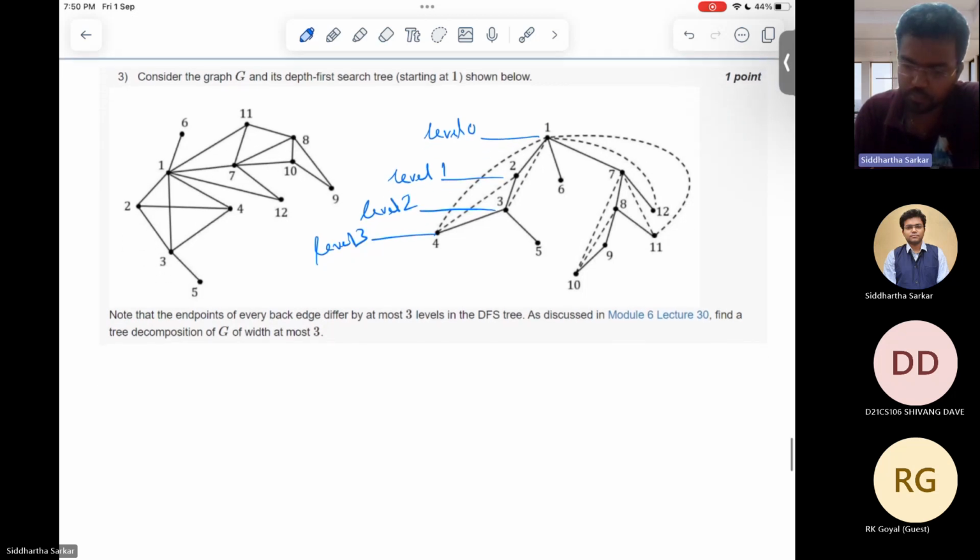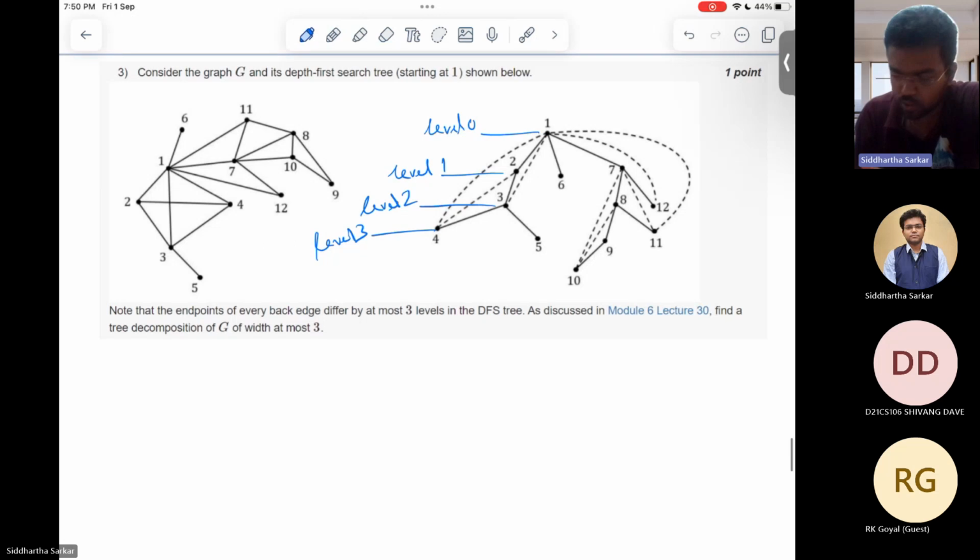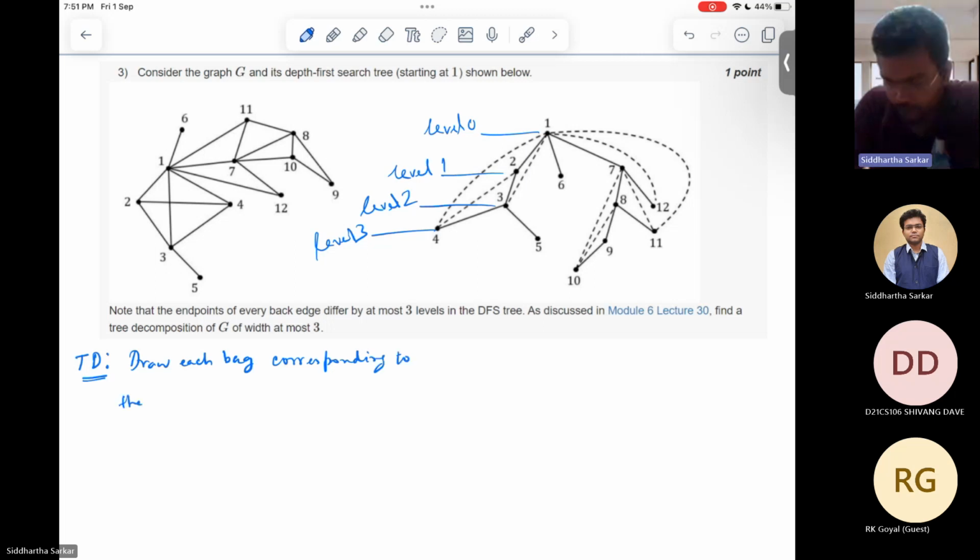If at any point you're not able to see the two diagrams, the graph as well as the tree, then let me know. The way to draw a tree decomposition is to draw a bag for each vertex X and its ancestors.